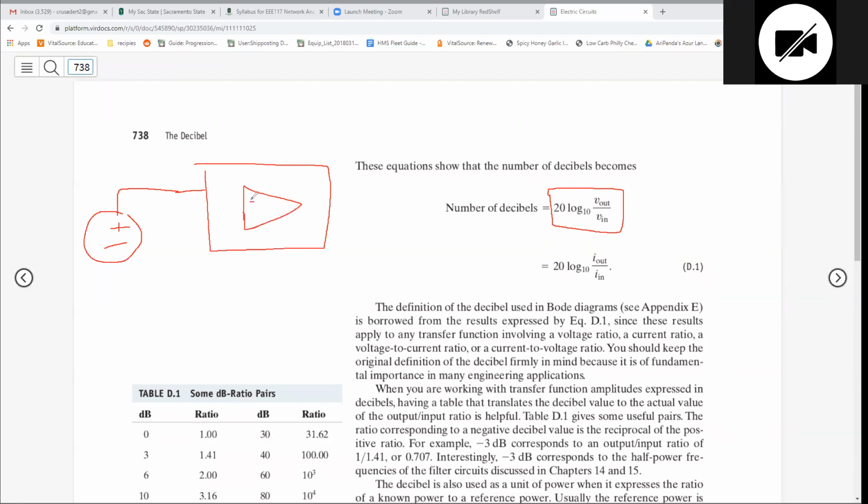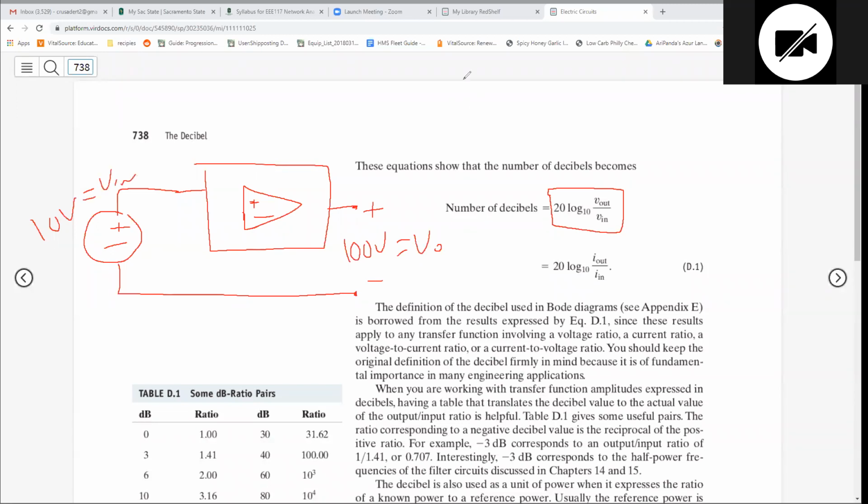So we have an op amp in here. It amplifies the signal. If our input voltage was 10 volts and our output voltage is, let's say, 100 volts, we amplified this, right? We have 100 volts coming out, V out, V in.